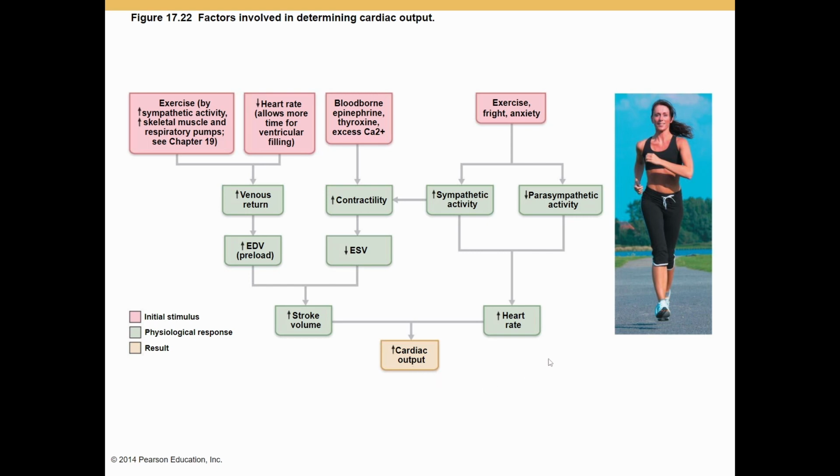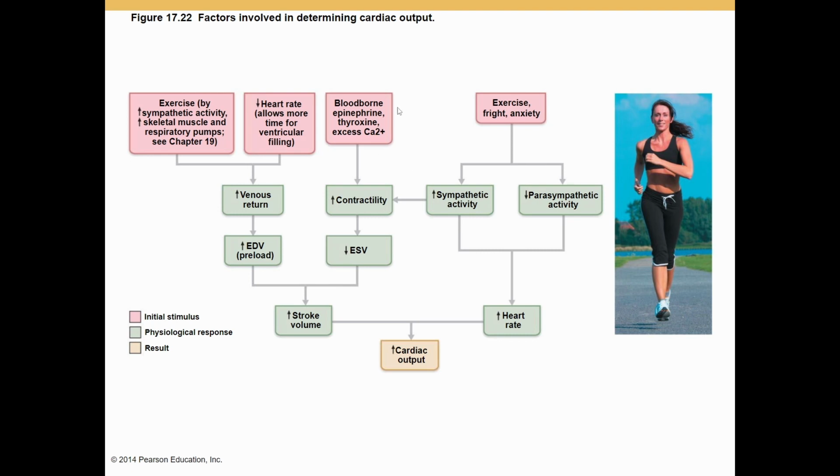We generally see that an increase in heart rate is caused by increased sympathetic activity, whereas an increase in parasympathetic activity would decrease heart rate. But if you increase sympathetic activity and decrease parasympathetic activity, we can increase heart rate and increase cardiac output. Increased sympathetic activity can increase contractility.